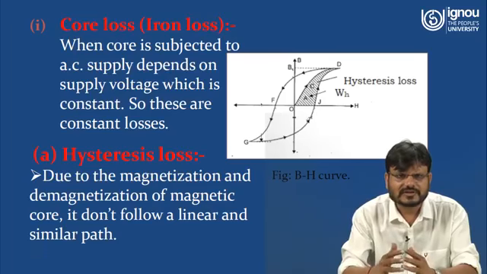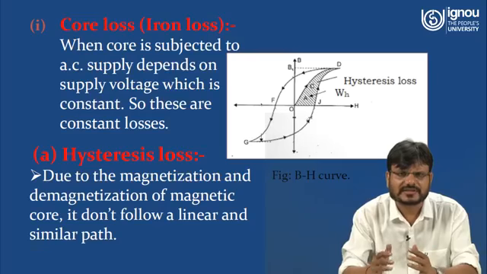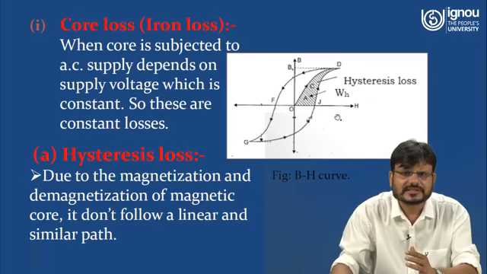First of all, we are going to discuss hysteresis losses and how they happen. Here you can see in the diagram, the hysteresis losses occur due to the magnetization and demagnetization of the magnetic core. It doesn't follow a linear and similar path.